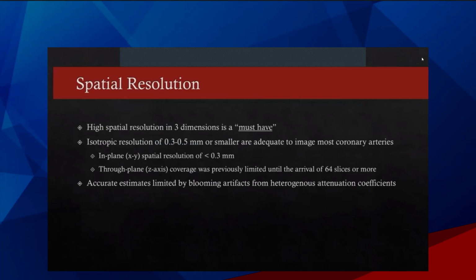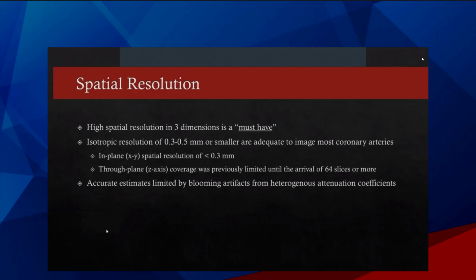To differentiate 10 to 20% stenosis, isotropic resolution of 0.3 to 0.5 millimeters or smaller is desirable. This is actually easily achievable in the XY plane even before the multi-slice era, but it was not until the arrival of the 64 multi-slice CT scanner that proper through-plane Z-axis resolution was achieved. In this sense, detector Z-axis coverage is a major determinant in the Z-axis resolution.